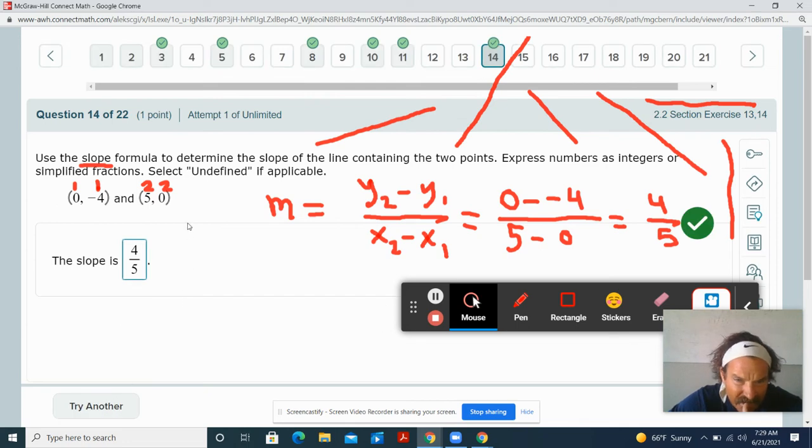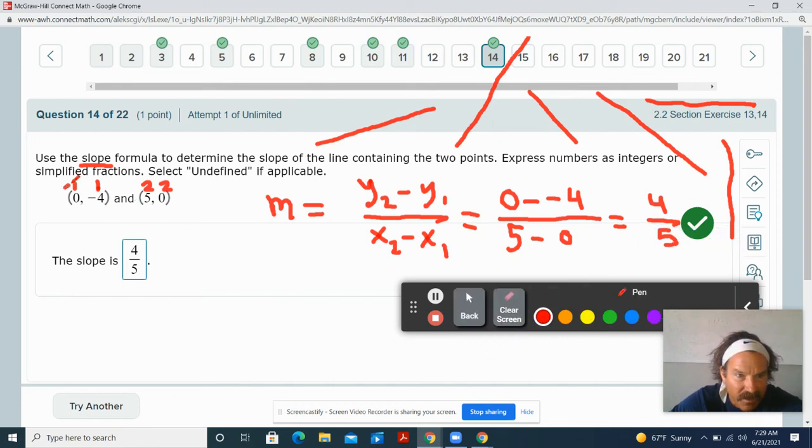Now, I didn't necessarily need to call the first one the ones and the second one the twos. I could have done the subtraction the other way and gotten the same answer. Let me show you. Instead of 0 minus negative 4, if I started here and did negative 4 minus 0, I would have to be consistent and do the bottom as 0 minus 5.